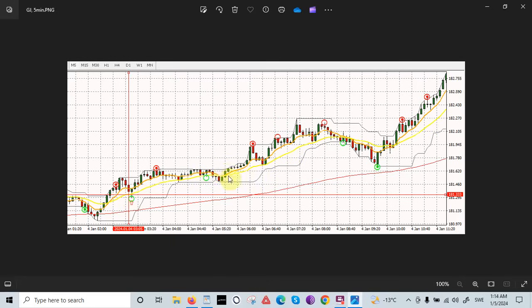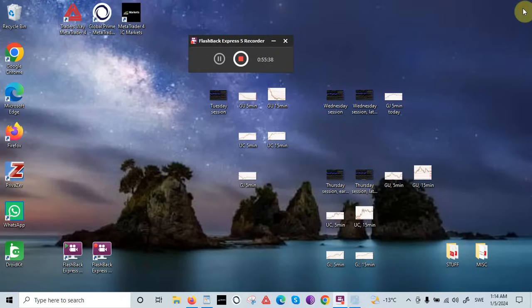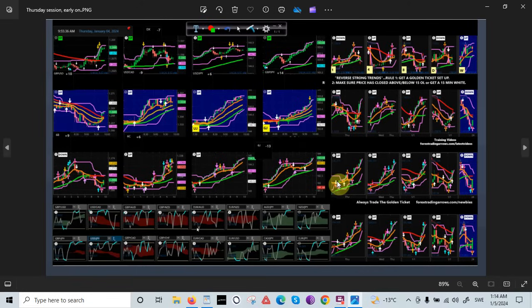It was somewhere in this corridor. And then I didn't check it at all. I didn't have time when I woke up in the morning, till breakfast, and when I got logged in, it was like 190 pips.